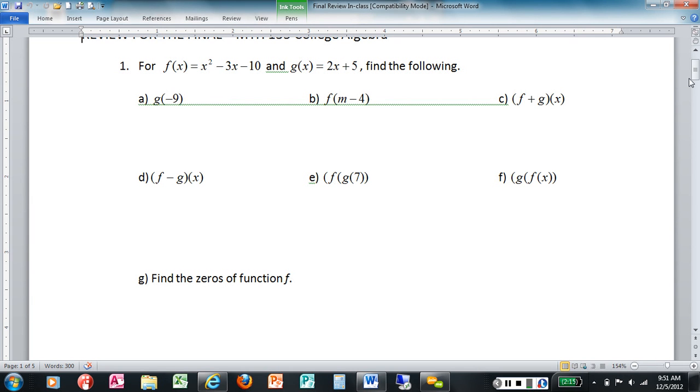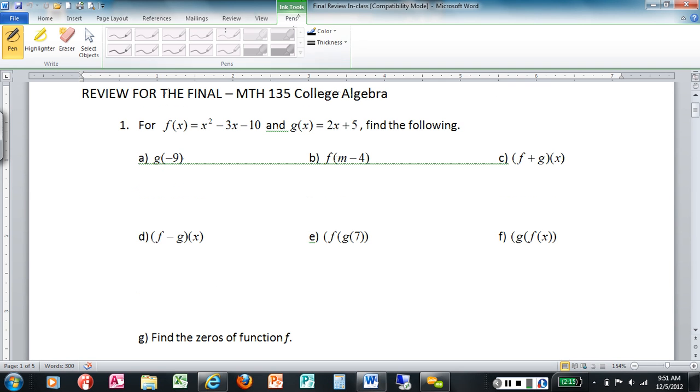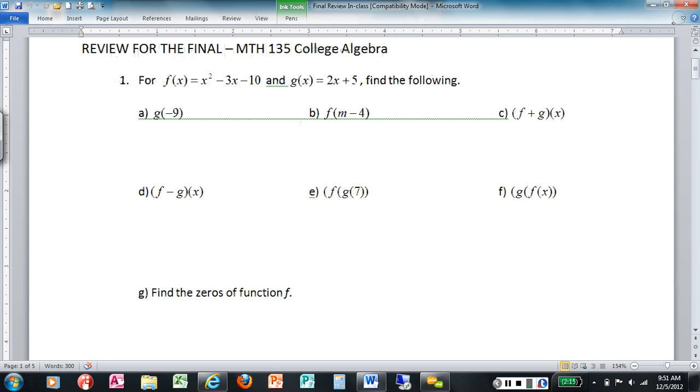So I'm just going to take my g function there, and for x, I shall replace it by -9. So 2 times -9 plus 5 is what we're going to need for 1a. So it's -18 plus 5. Hey, that's -13.